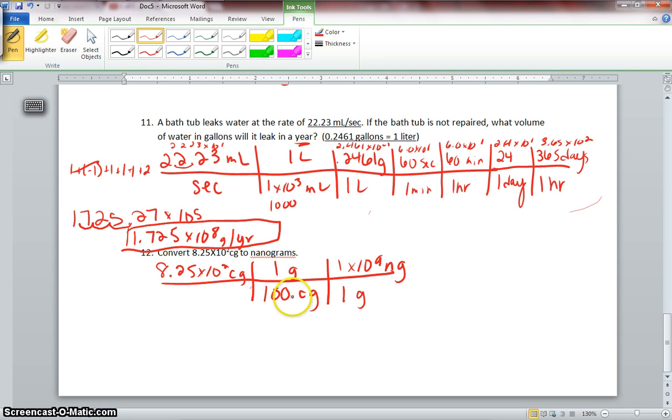So I'll put this into scientific notation, so 1 times 10 to the second. So now I can just multiply the top, so it's going to be 8.25 times 10 to the 11th. 2 plus 9 is 11. Divide by 1 times 10 to the second. That should give us 8.25 times 10 to the 9th nanograms.